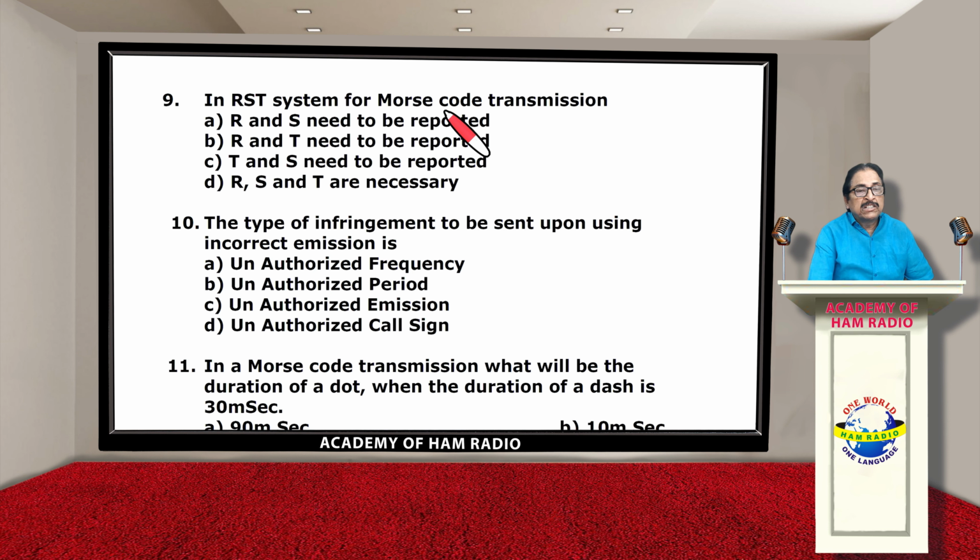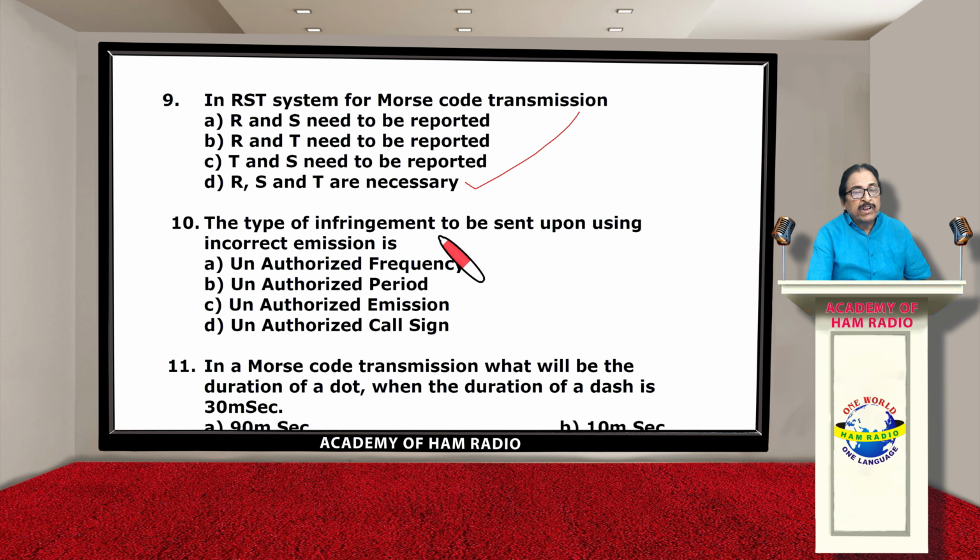In RST system for Morse code transmission, RST means readability, signal strength, T for tone. R, S and T are necessary. So Delta is the answer. Readability, signal strength and tone are necessary.